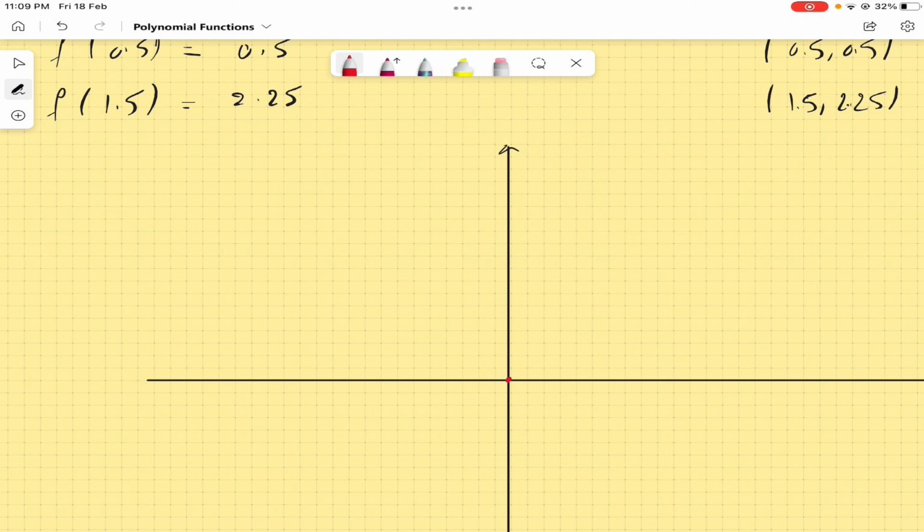Let's say this is 1, this is 2, this is 3. Negative 1.5 is here, and 1 is here.